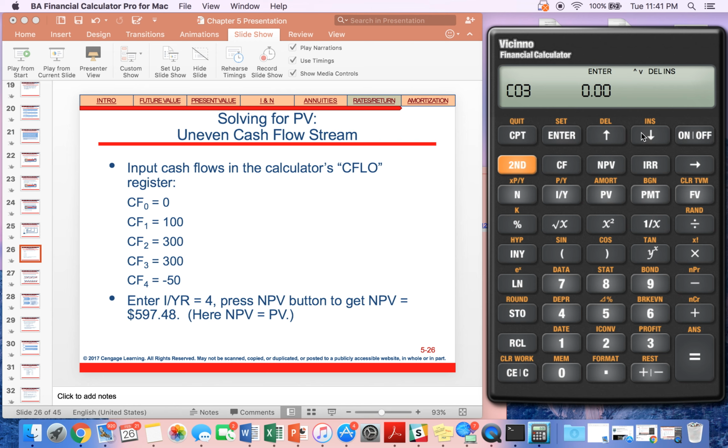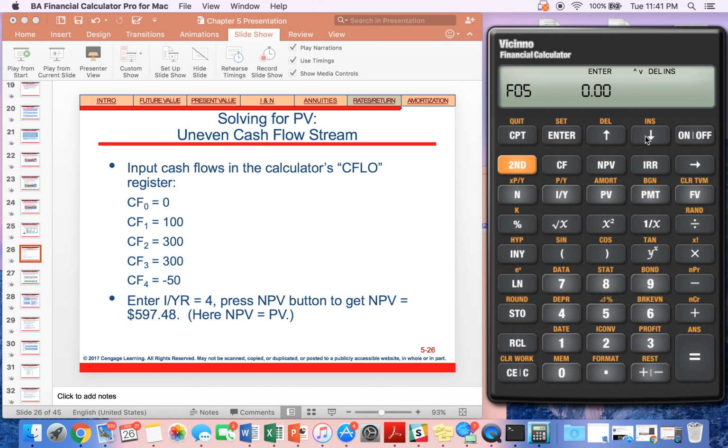We're going to arrow down into cash flow year 3, and type in 300 and hit enter. Arrow down the frequency of 1, and then arrow down again for our cash flow in year 4, and that is negative 50. So you type in 50, apply the negative, and hit enter.